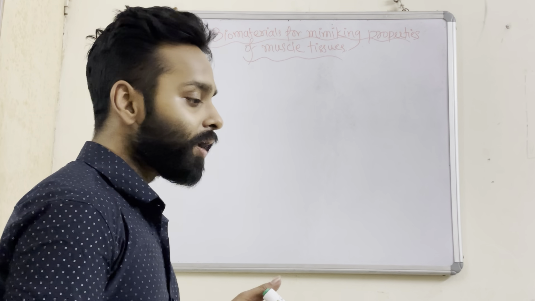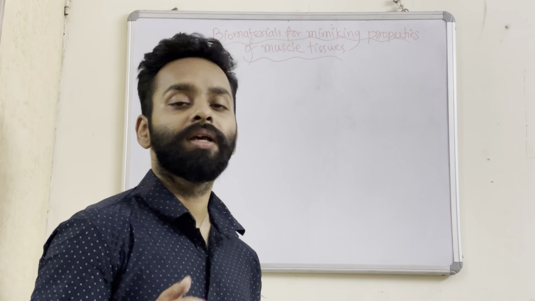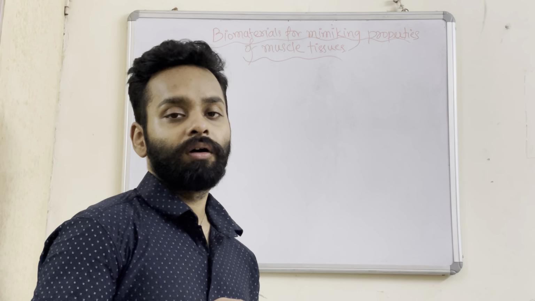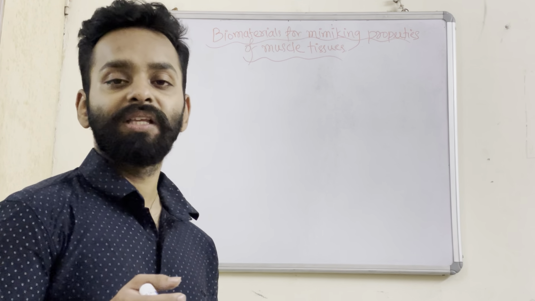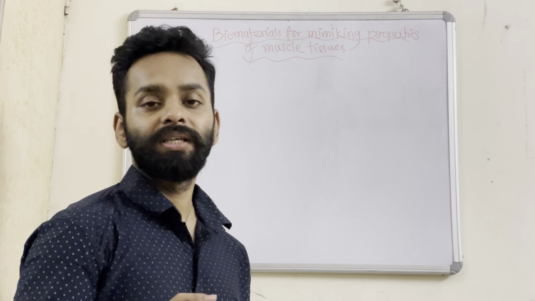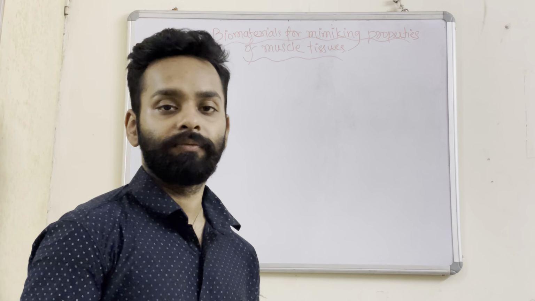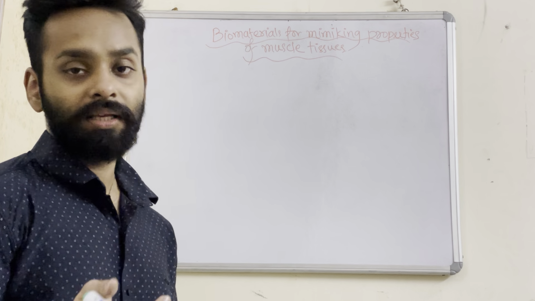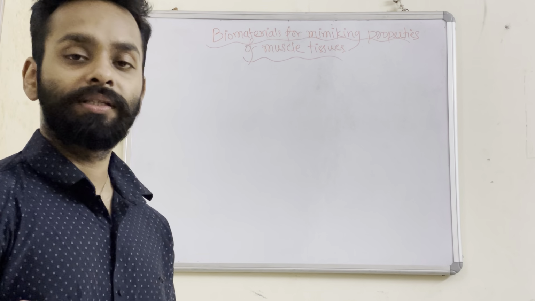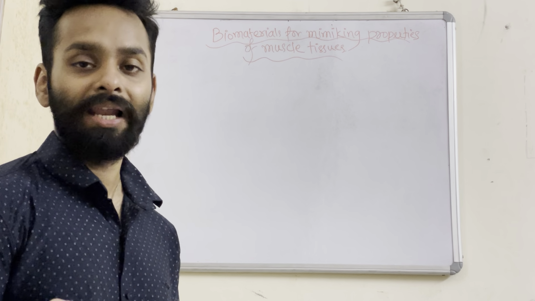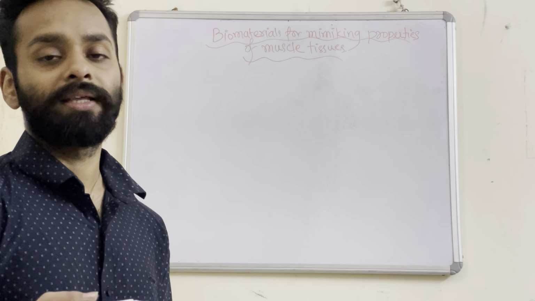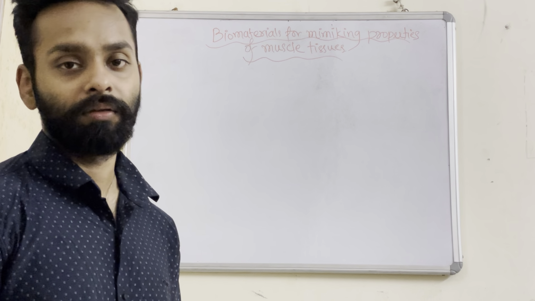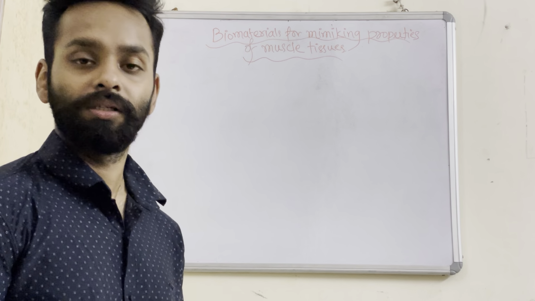So why do we need a material to mimic the properties of muscle tissue? Because muscle tissues have a very specific type of characteristic, which is contraction and relaxation. So this contractility and relaxability are essential criteria which should be present in the material which we are trying to select in order to be used as an effective replacement or a repair therapy for damaged muscle tissue.